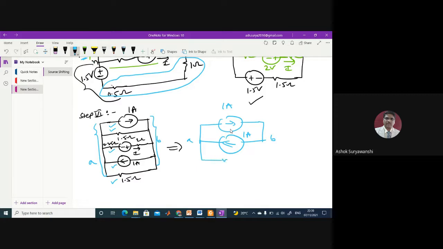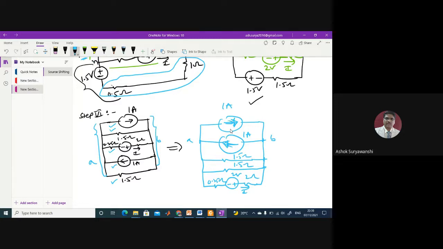Similarly this 1.5 ohm and this 1.5 ohm, and then finally this 0.25 ohm, minus plus 2 volt, and this 2 ohm through current I. So now you can see one current of 1 ampere flowing from A to B, left to right, and another current of 1 ampere flowing from B to A, right to left.